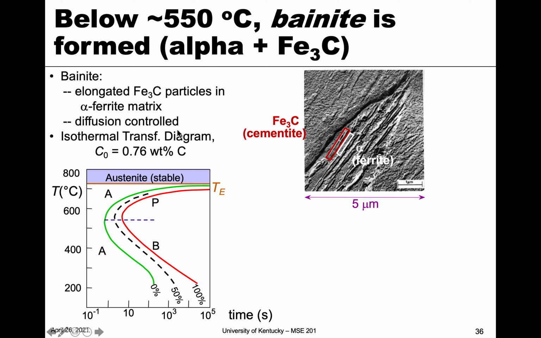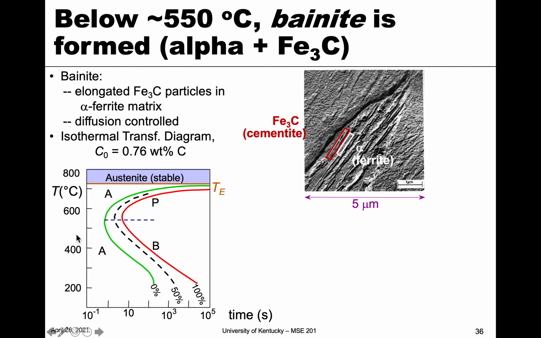And they are kind of controlled by diffusion. If we lower the temperature, diffusion has to happen on very small length scales. Just like we saw at the lower temperatures of perlite, we formed fine perlite because of the diffusion distances at the lower temperatures, as opposed to coarse perlite at the higher temperatures up here.